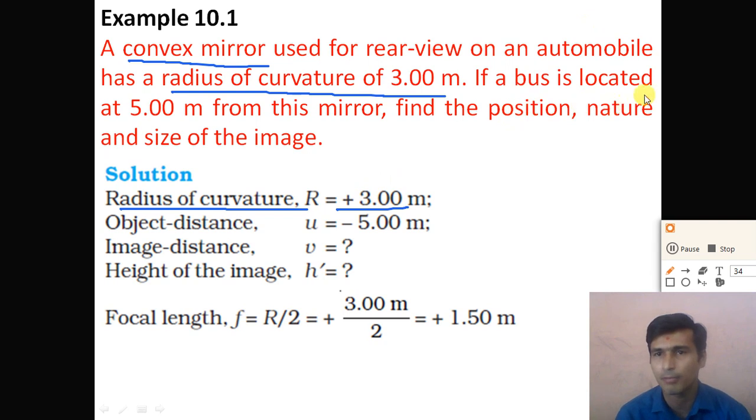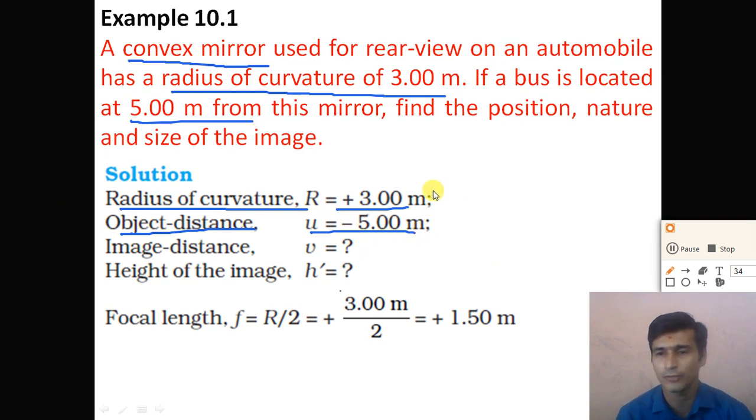Now if the bus is located at 5 meter from the mirror, so the object distance u is given to you, u is equal to 5 meter. In case of the convex mirror as well as the concave mirror, we take the object distance always negative. So we take u is equal to minus 5 meter.